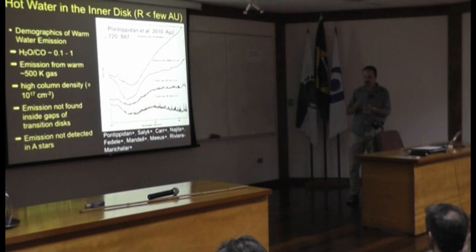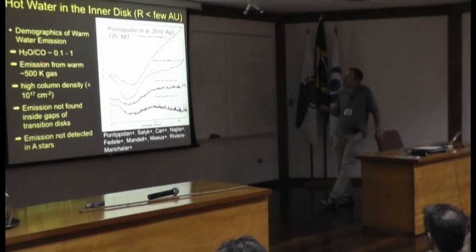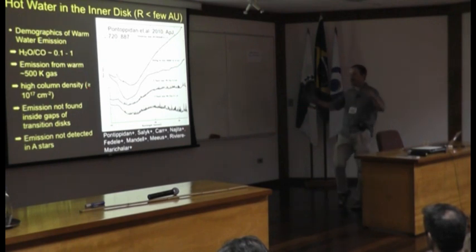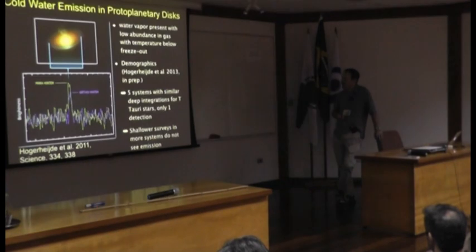So that if there's energy generated from accretion from disk material onto the star, then we see water. The water is abundant, at least relative to CO, if we know the CO abundance, which we may or may not. It's coming from warm gas. And we don't find it when the disk starts to evolve and begin to have gaps and things. And you don't detect it as much towards A stars. That is, stars more massive than the sun.